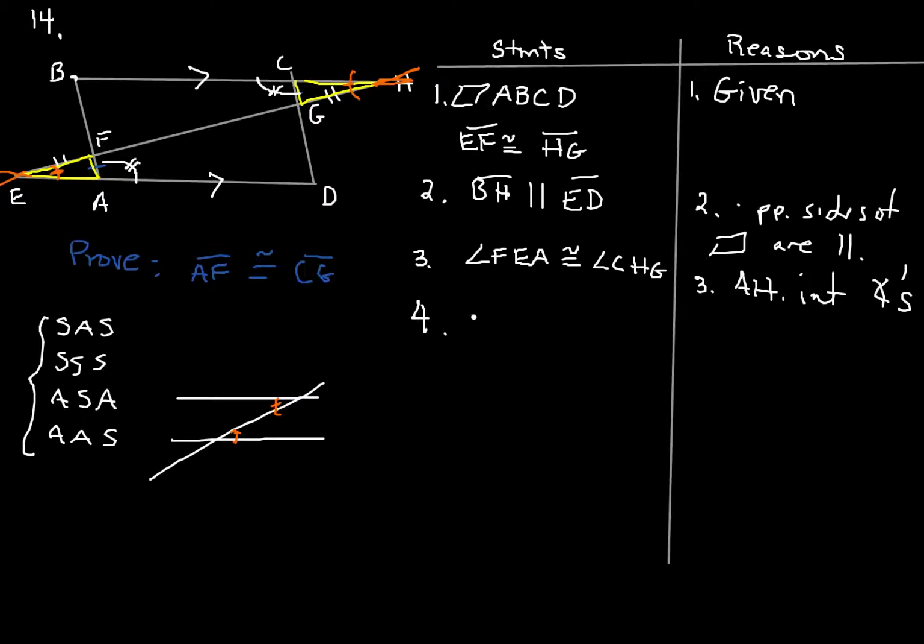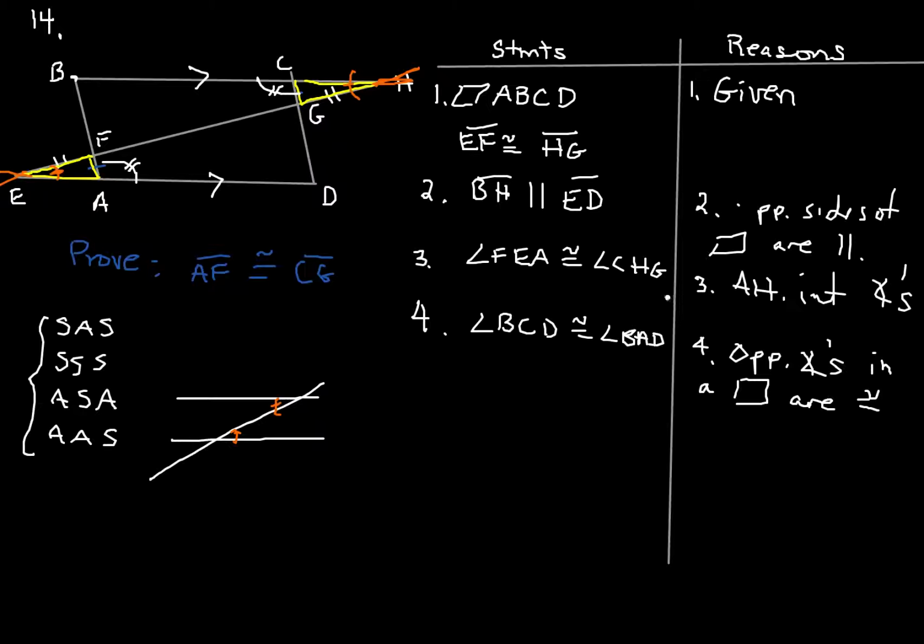All right, so let's just say that angle BCD is congruent to angle BAD. And the reason for that is opposite angles in a parallelogram are congruent.